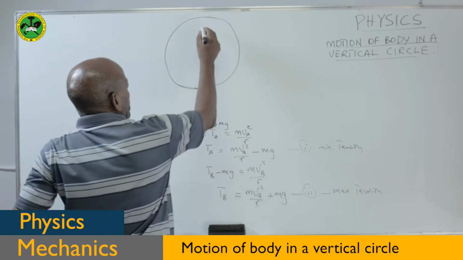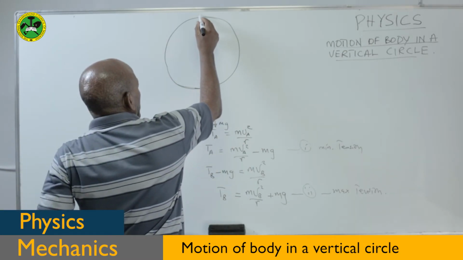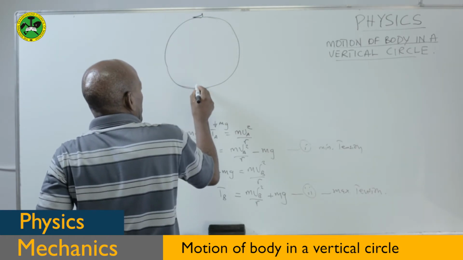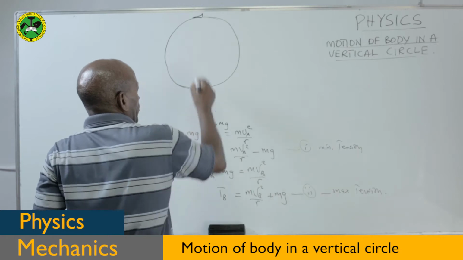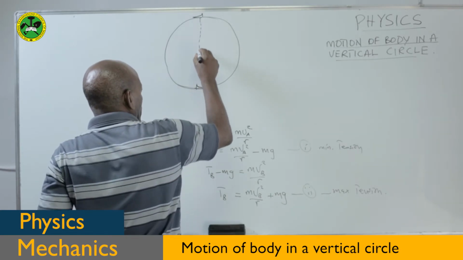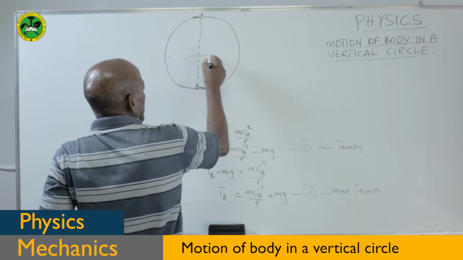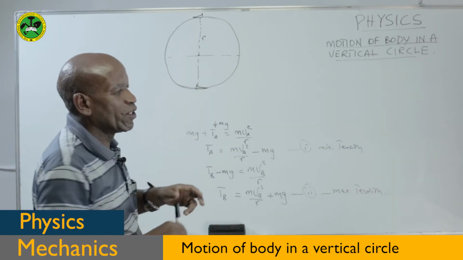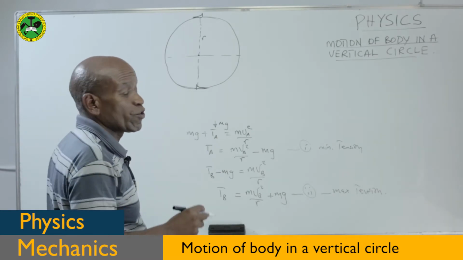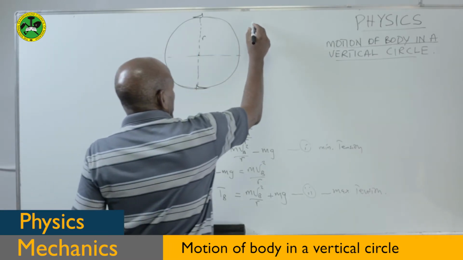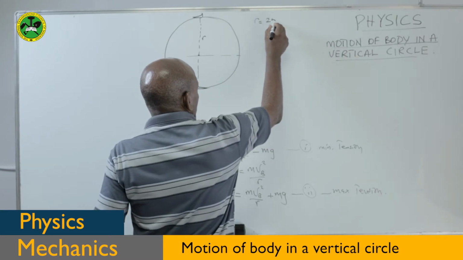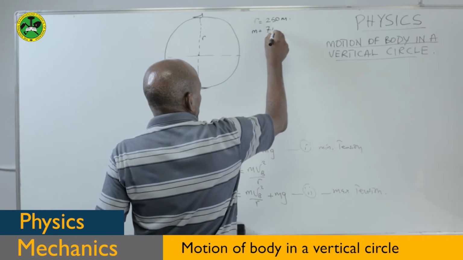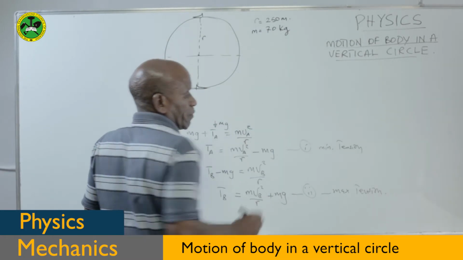It's looping a loop. Now, we are looking at the moment the plane is at the top there, and the moment the plane is down there. If we take this to be the circular loop, the radius r there is 250 meters, and the mass of the pilot is 70 kilogram.